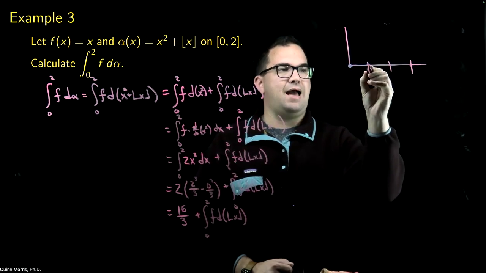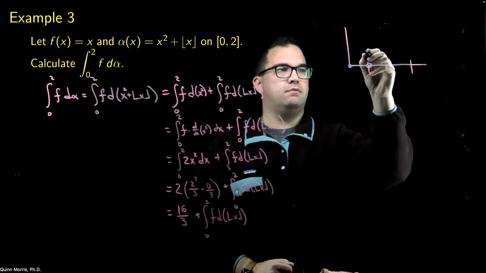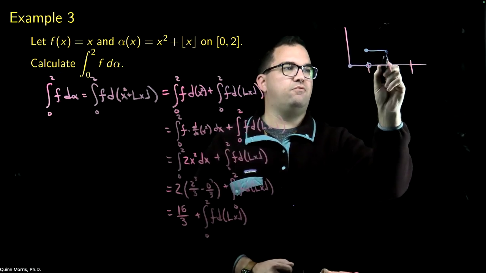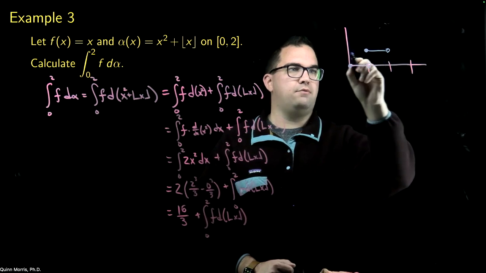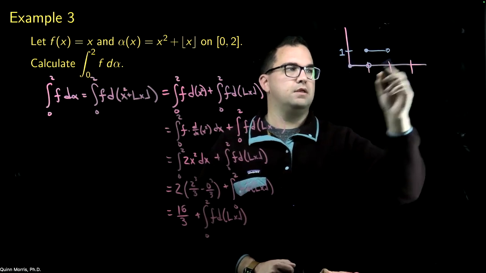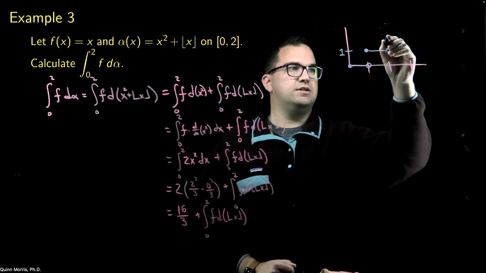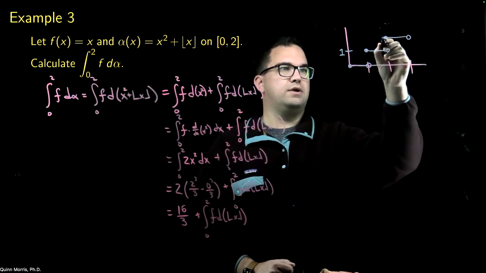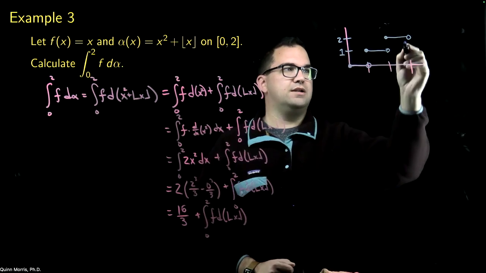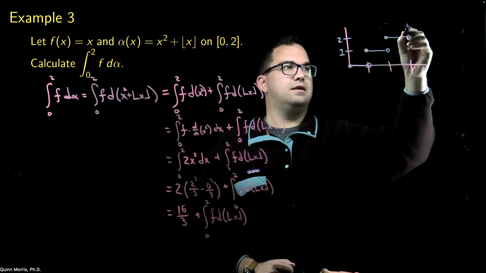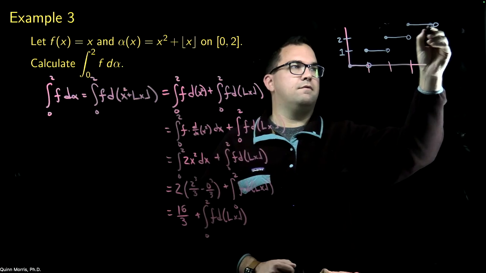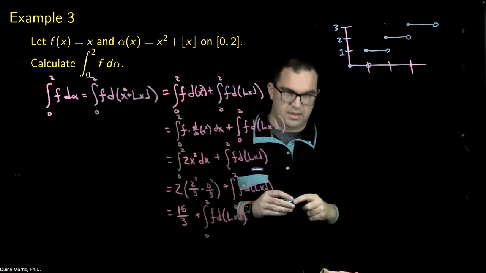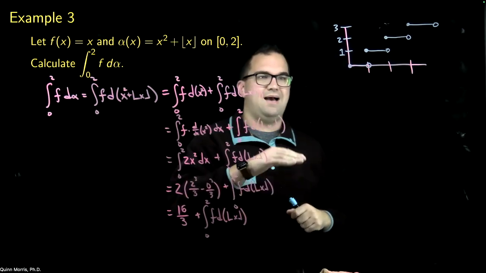Except at 1, because 1 is a whole number, and anything above 1 up to 2 will round down to 1. And then once you get to 2, you're at 2. And anything between 2 and 3 is going to round down to 2 until you get to 3. So this function sort of looks like this.